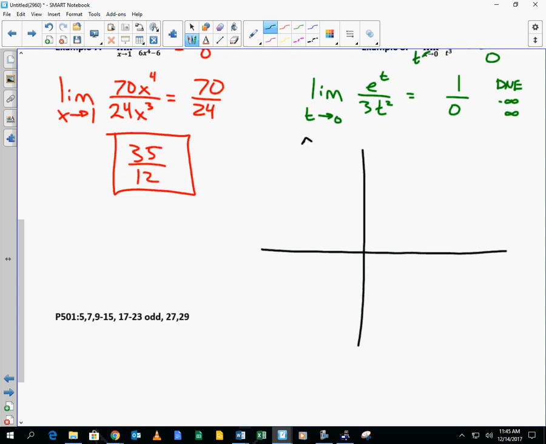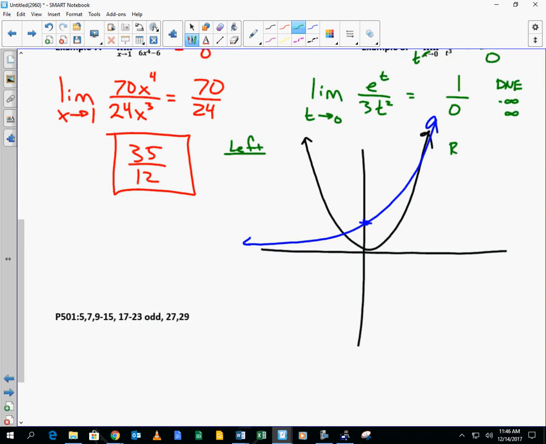Everybody okay with that? What does e to the t look like? What does it pass through? Passes through 0, 1. Okay. Is this a two-sided limit or a one-sided limit? Two-sided. Let's consider the left.